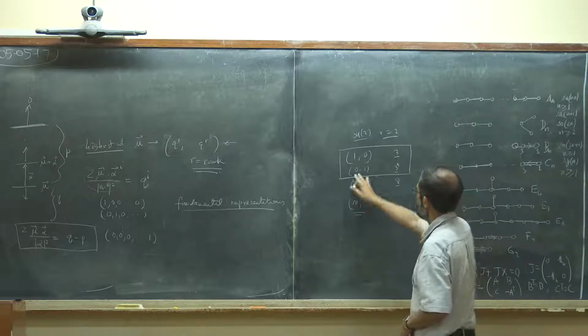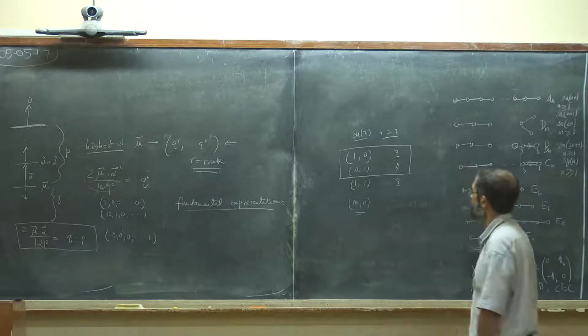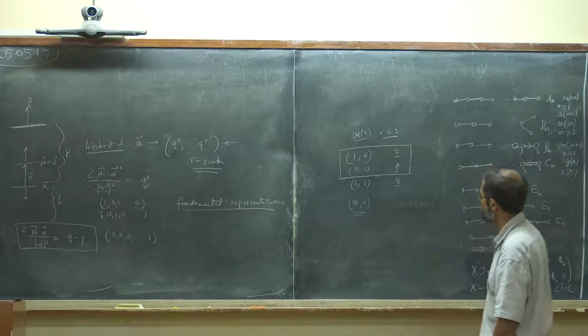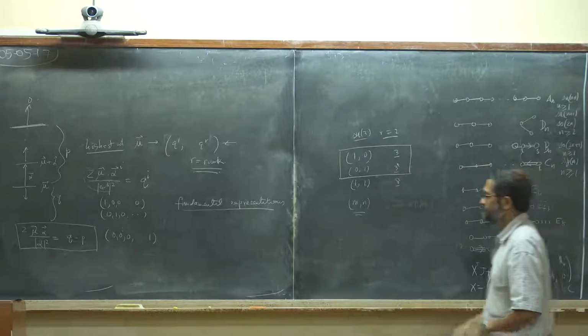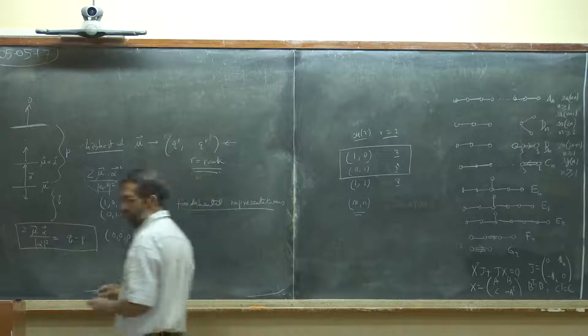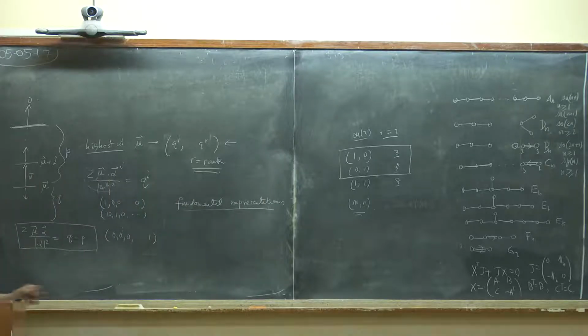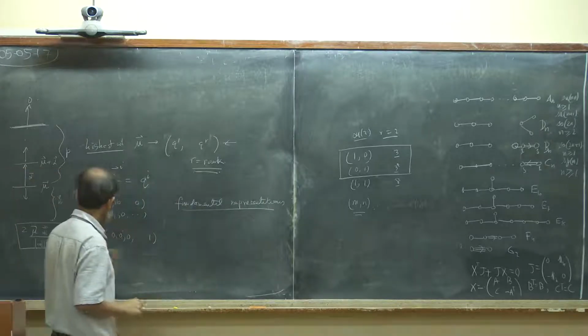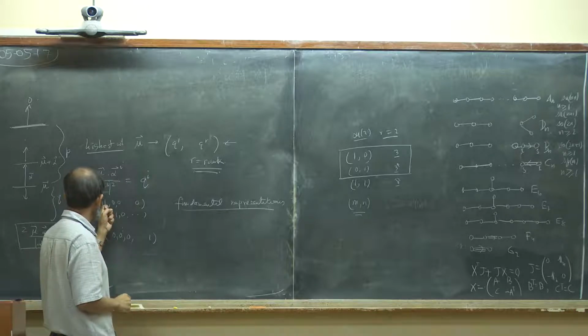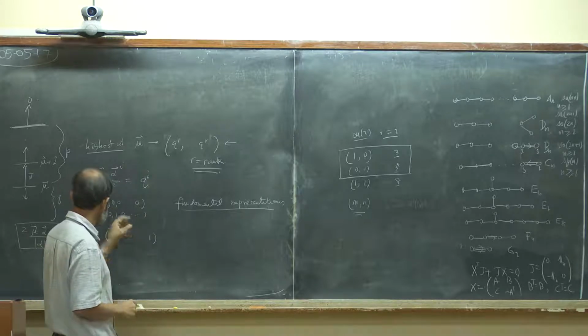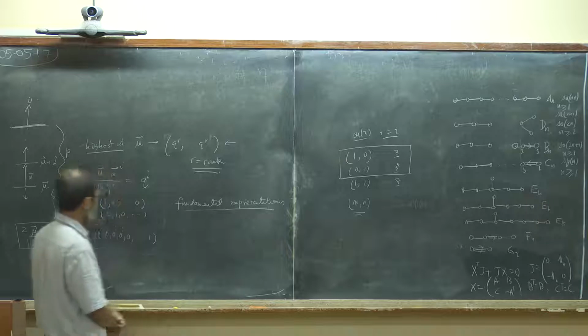At the moment, I just wanted to say that there exist special representations like this with Dynkin labels with 1 in one place and 0 everywhere else.